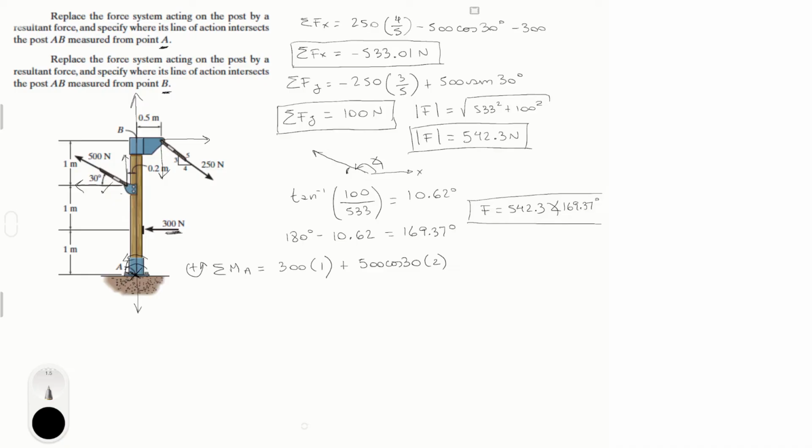Then the y component of this force, because it's not exactly on the line of action, so it's also creating a moment, but it's trying to turn it clockwise, therefore it's negative, so it's minus 500 sine of 30 times 0.2, which is the distance given right here.